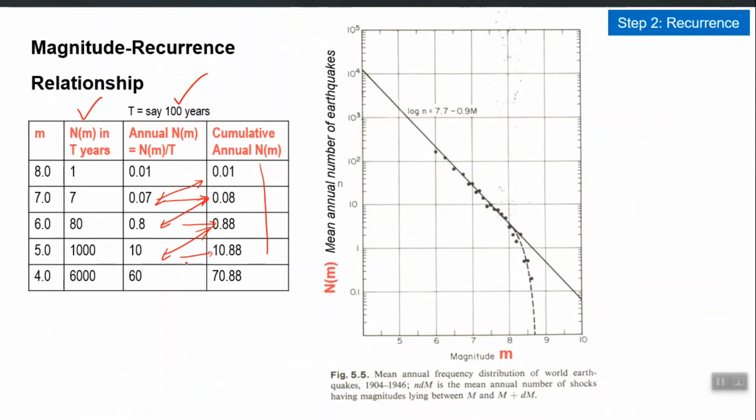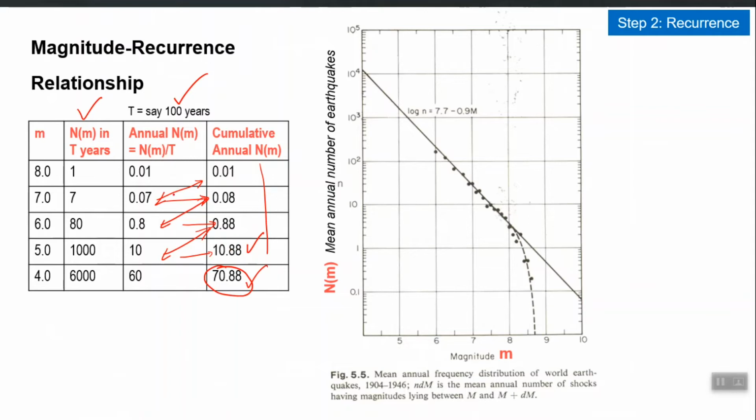For example, this 70.88 simply means that in any one year of the past, this many earthquakes occurred having magnitude 4 and above. And above means that it is a cumulative number. Similarly, this means magnitude 5 and above. So we get the cumulative annual N of M.